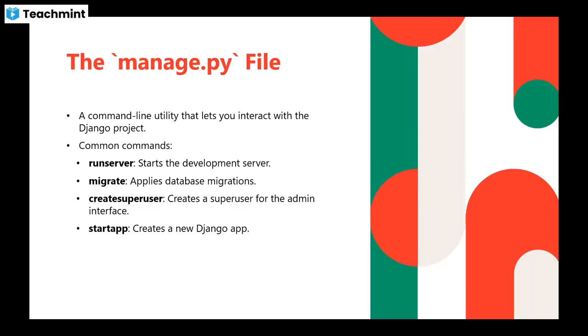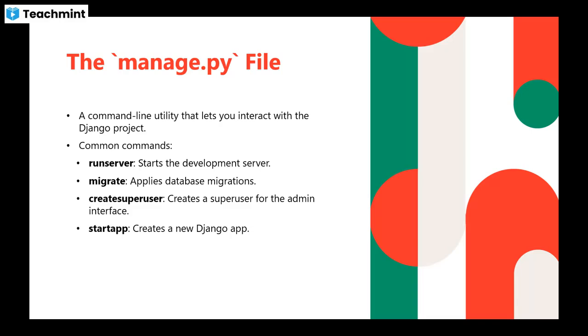As we said, we can interact with the database using the Django project. In the same way, we can create tables and everything using Django itself, so we don't have to write manual SQL queries. To apply those changes we have to do migrations, and those changes are called migrations in Django. You can run those migrations using this manage.py file.